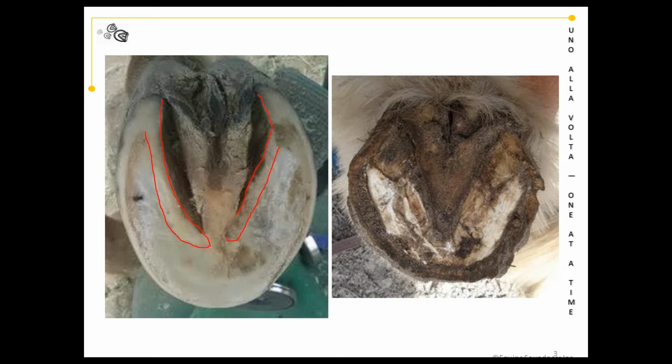So all this is bar. And as you know from the anatomy lectures, the bar corium ends in the middle of the frog, or about there, somewhere in this area. So anything that goes forward of this is too much and is known as bar contraction.